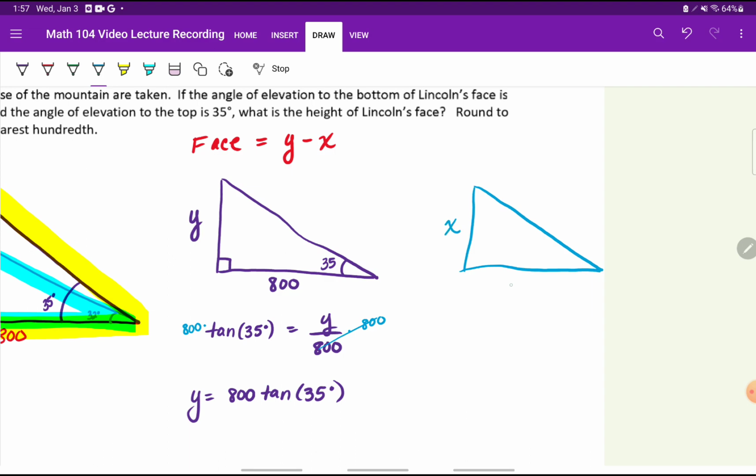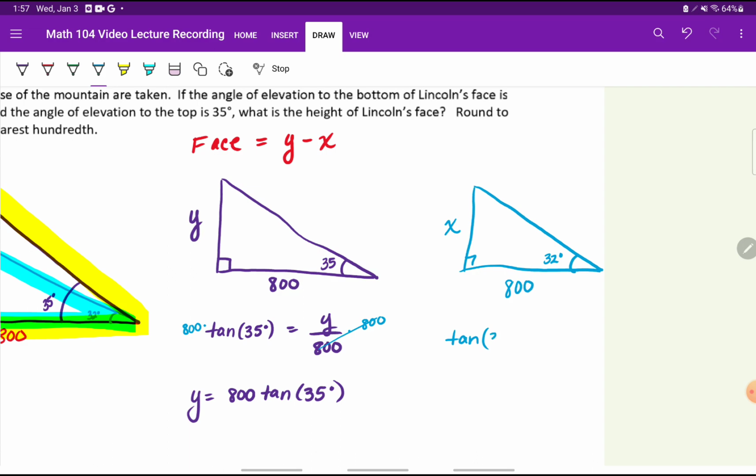The height is x, the bottom is 800, and the angle of elevation is 32 degrees. From our angle of 32 degrees, x is the opposite side, 800 is the adjacent side. Again, we are using tangent.